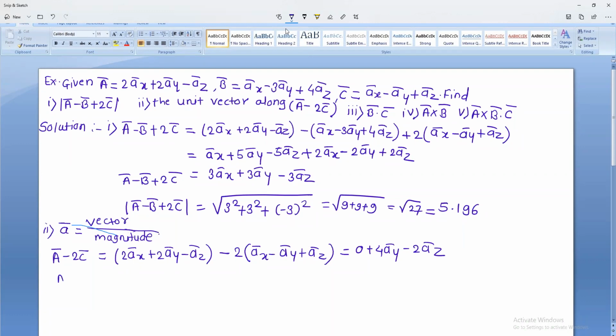So a bar minus 2c bar is equal to 4a bar y minus 2a bar z.